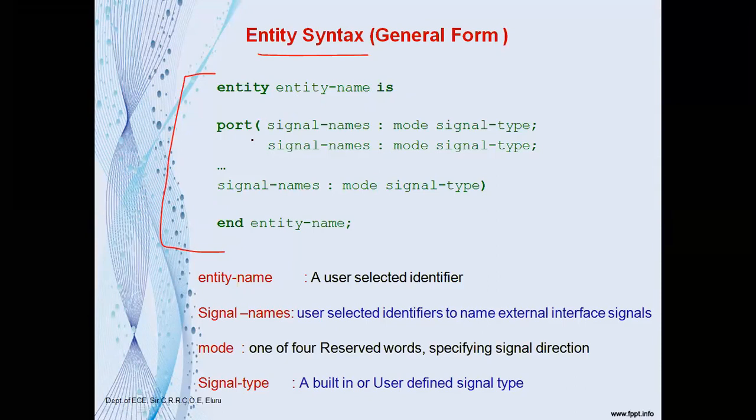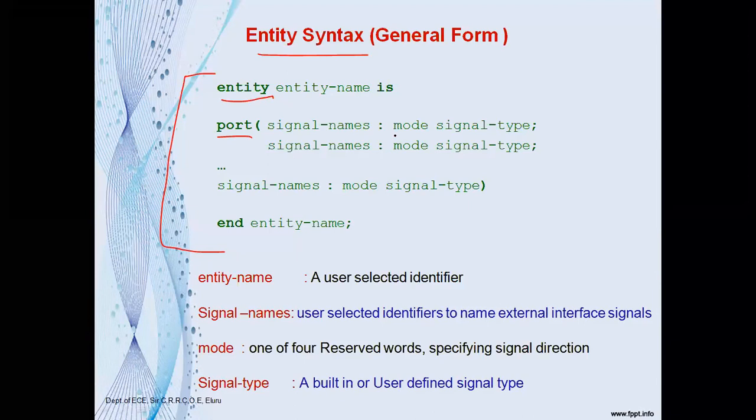To specify the input signals and output signals, VHDL uses the reserved word port. To specify the name of the entity, we use the entity reserved word. Entity is a reserved word and the entity name is a user defined word, so the user can give any name to it.